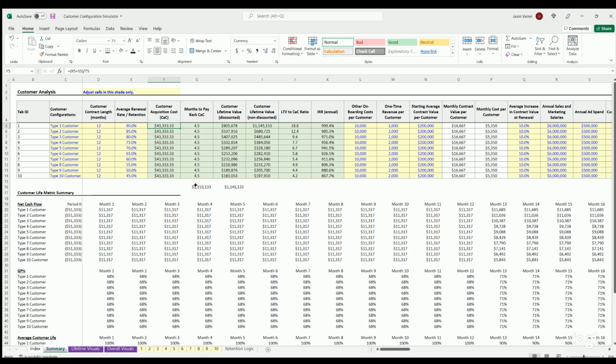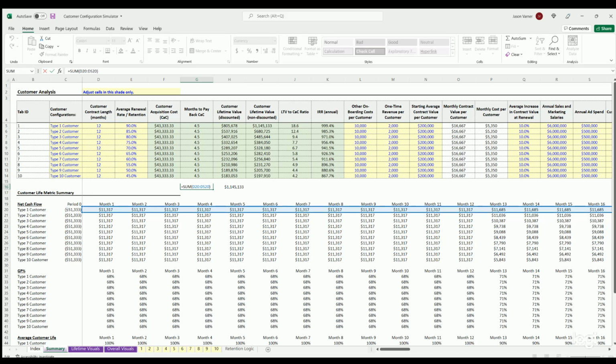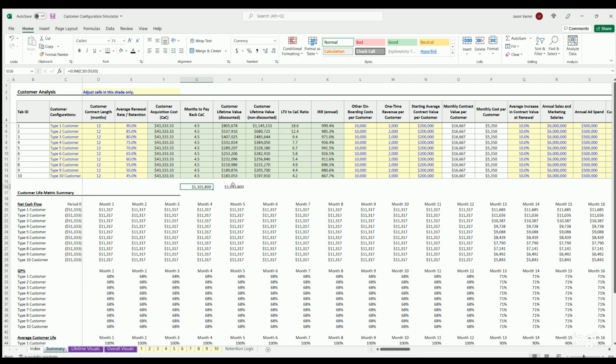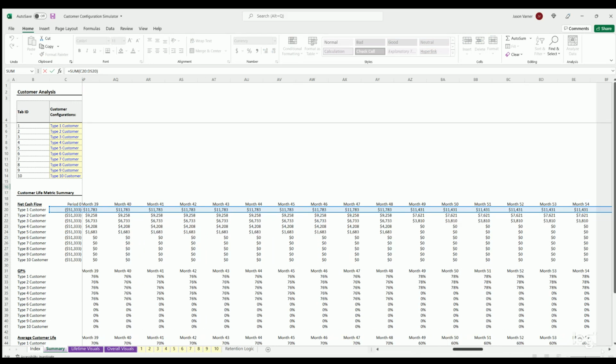If I wanted to sum up all the cash flows, including CAC, and I take this, subtract by this, you can see, and then add in one-time revenue minus onboarding costs. Did I miss the last month?